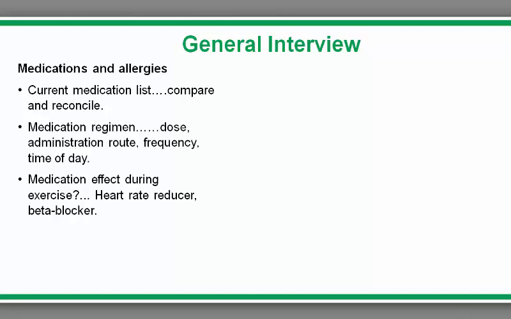But during an exercise test, understanding if the patient had taken a dosage, so that their heart rate would not elevate as much during a test, is important for the clinical exercise physiologist to understand. Understanding the allergies, the medical allergy history of the patient, is also going to be an important piece of information that the exercise physiologist should have.